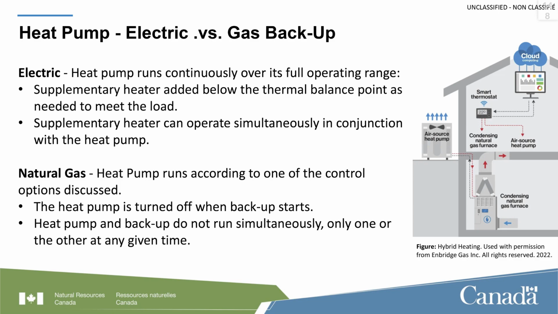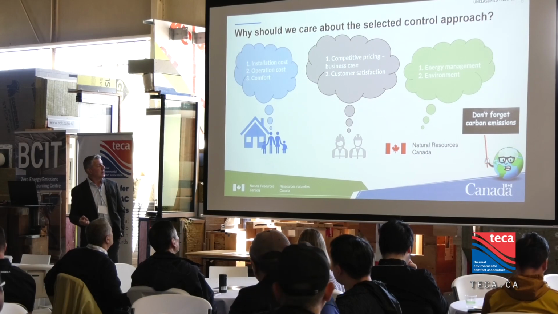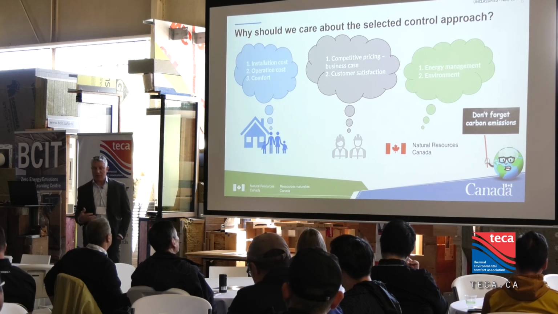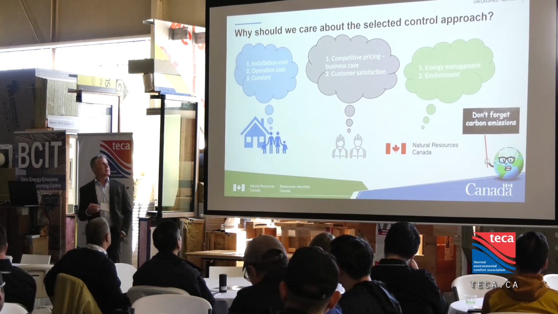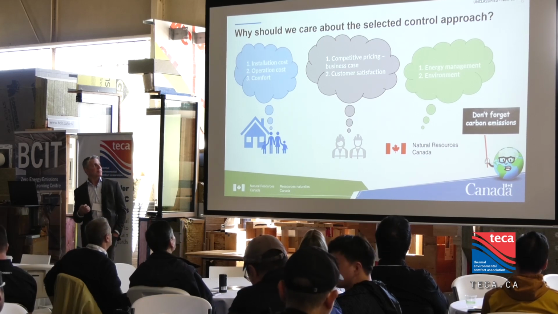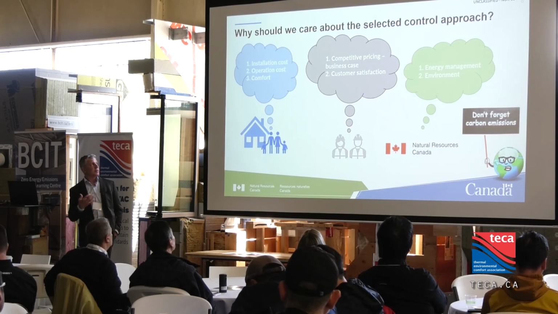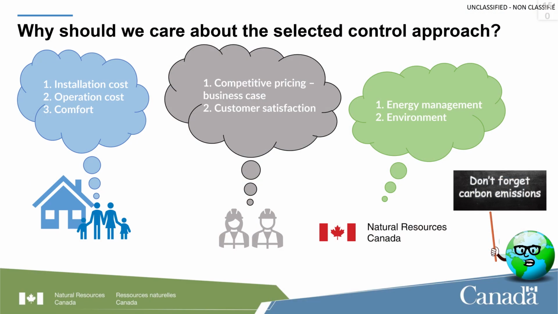So why should we care about the control approach? Well, the end consumer or the homeowner, your clients, might have installation costs in mind, the cost to operate the house, what fuel or how much, where the cutoff temperature is, and how much the auxiliary heat is coming in versus the heat pump.